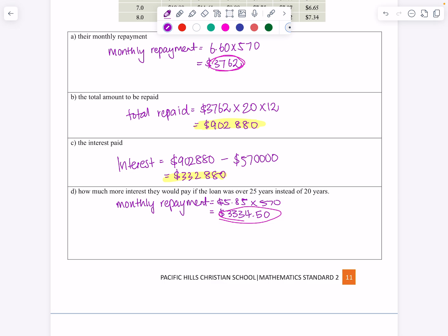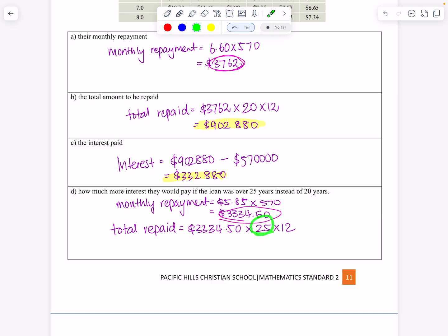Now, what we need to do with this is figure out the total amount that is repaid over 25 years. So we're paying that much per month. So over 25 years, the total repaid will be equal to the monthly repayment times the 25 years times 12, because that's how many months.